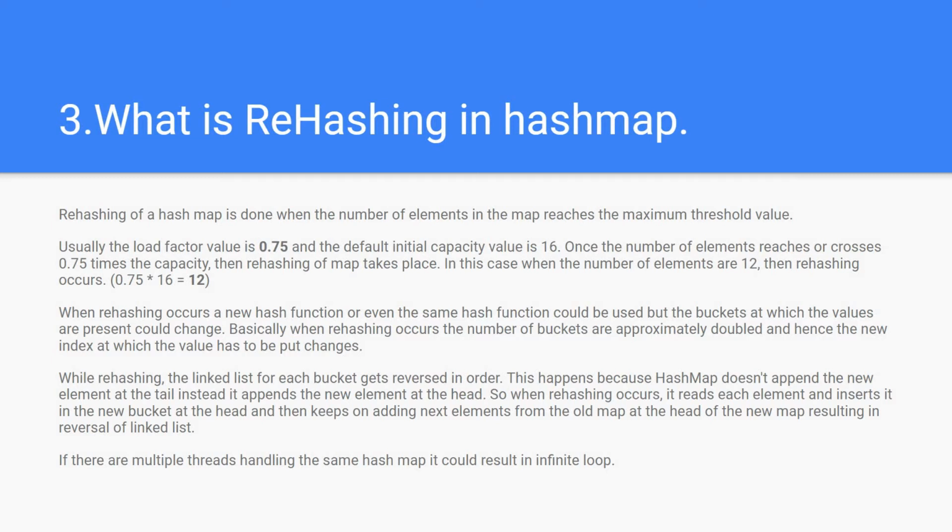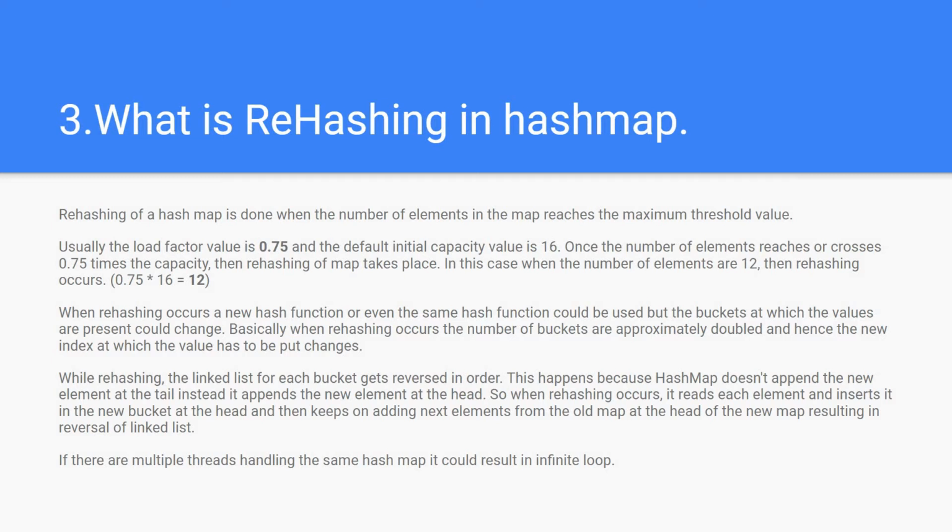Once the number of elements reaches or crosses 0.75 times the capacity, rehashing of the map takes place. In this case, when the number of elements is 12, rehashing occurs, because 0.75 multiplied by 16 is equal to 12.